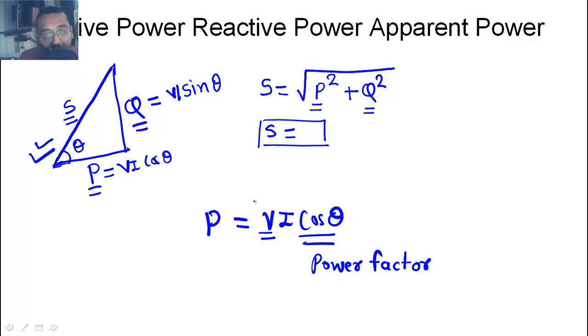V is the input voltage, that is 230 volt. I is the current that is actually dependent on the power consumption or the current consumption of your home appliances, and P is the product of V into I into cos theta.